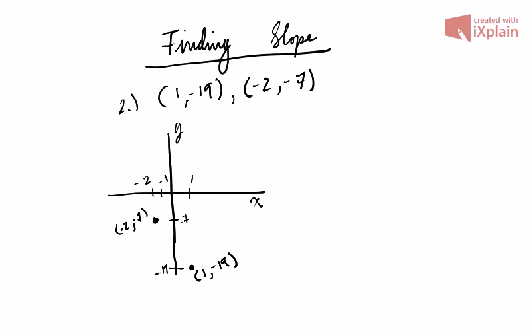If I want to find the overall steepness, I have to use the formula m equals the change in y over the change in x. So m equals delta y over delta x, which is equal to y2 minus y1 over x2 minus x1.